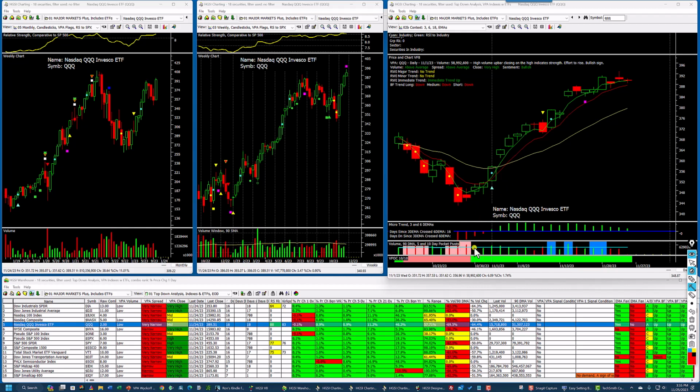Now looking back at this area right here, you can see that the bulls were starting to regain control from the bears. Now on these prior 3 days, big down bars, excessive volume on the negative volume pocket pivots or reverse volume pocket pivots.